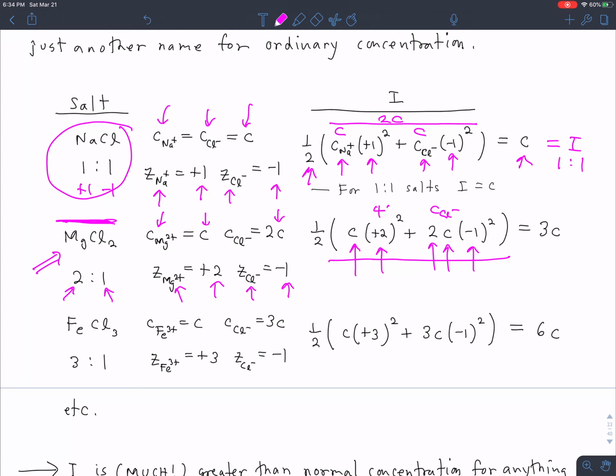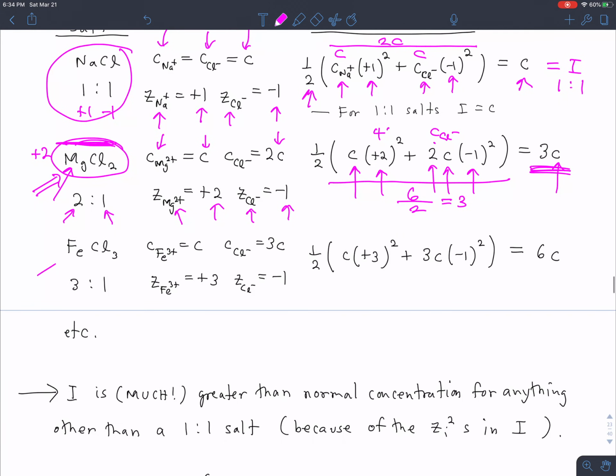That means 4 plus 2 is 6, divided by 2 is 3. The ionic strength is actually 3 times the nominal concentration of magnesium chloride in solution. So the ionic strength is quite a bit bigger for a case like this, where there's even just a 1 plus 2 ion, than just the nominal magnesium chloride concentration.